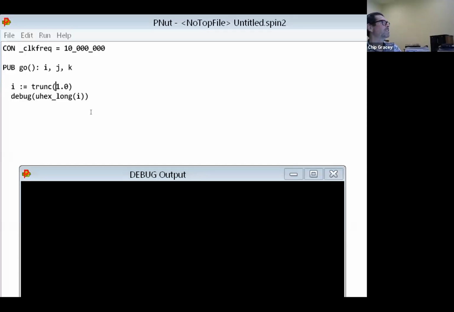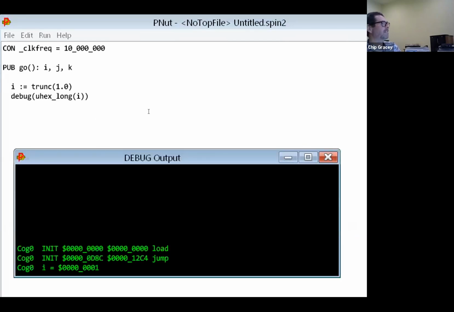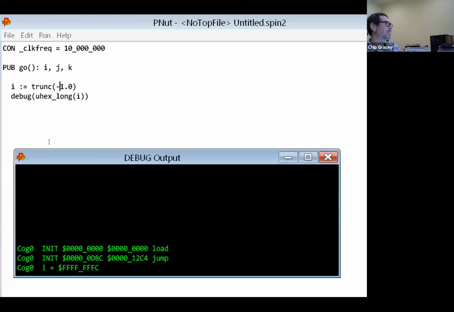Okay, here we go. So if we look at this one, if I run this, that's correct, right? 1.0 truncated is 1 as an integer. But when we put the negative here, we get -4.